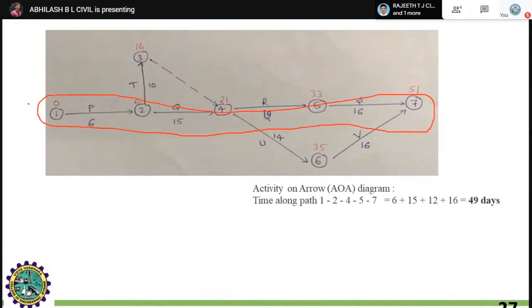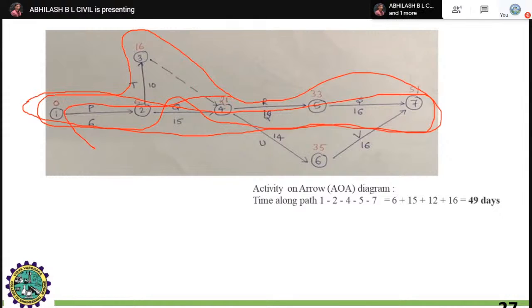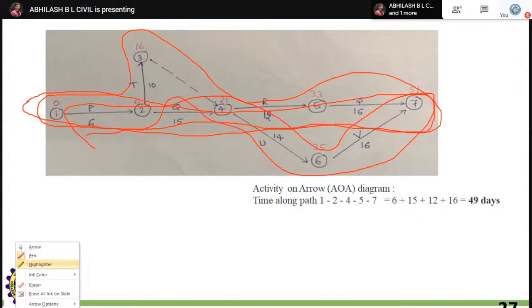Next, this will be another path, and this will be another path, 1 2. Later on you can identify this, that is 1 2 4 6 7. These are the 3 paths you can identify in this project, in this network diagram.